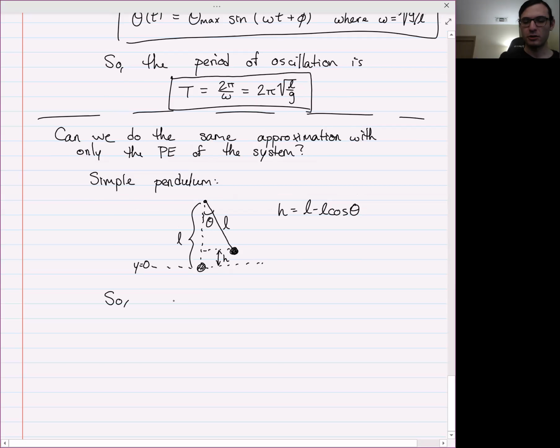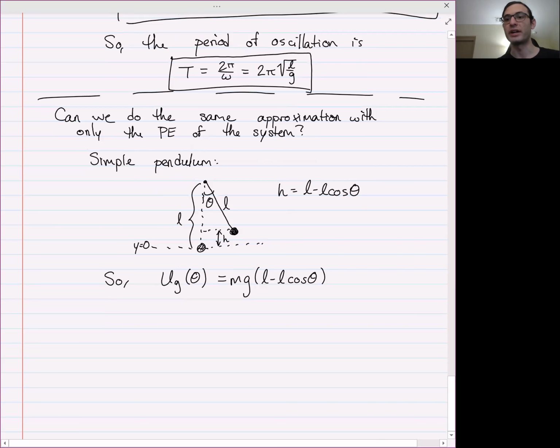That is, the potential energy as a function of the angular position theta is just mg times L minus L cosine theta. So now let's write down what the total energy of the system is. Well, we know how to write down the total energy of a rotating system, right?